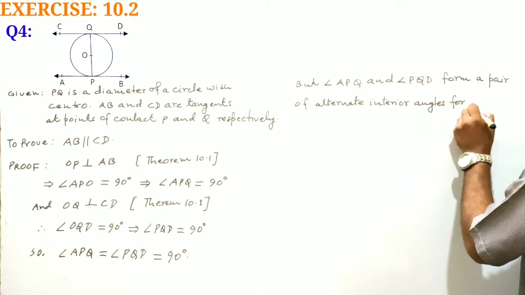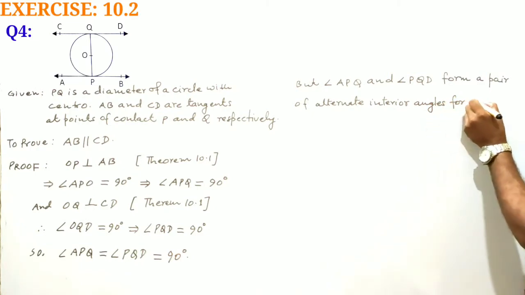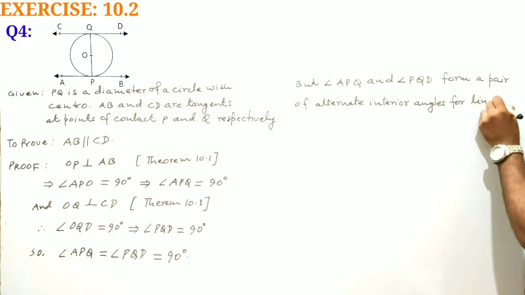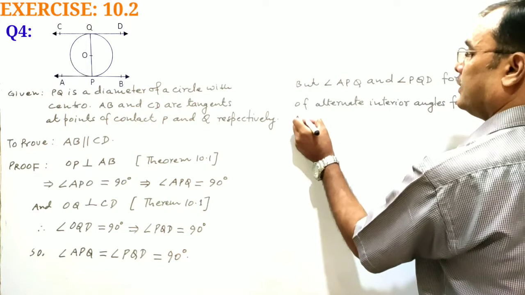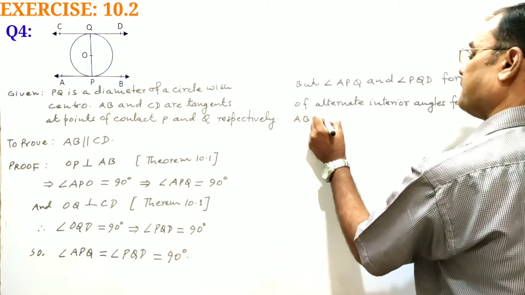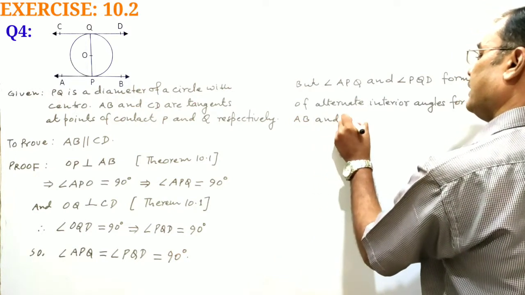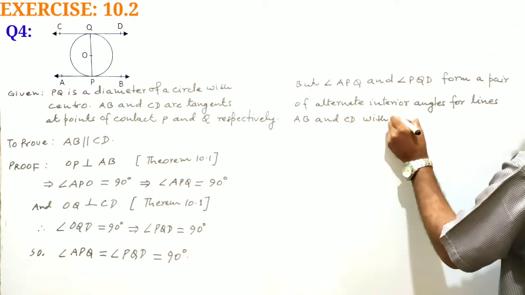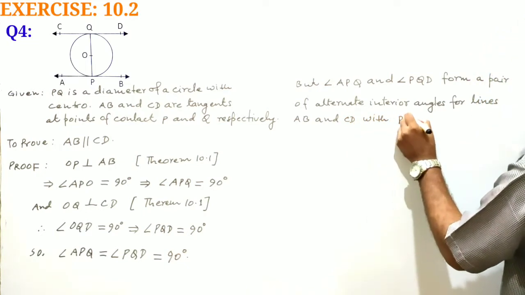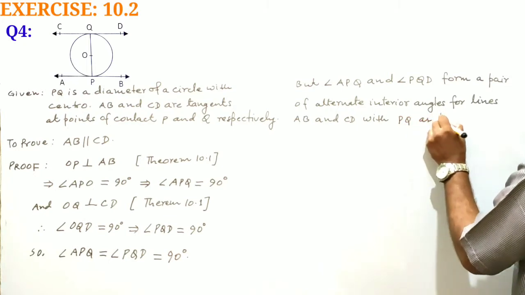For lines AB and CD with PQ as transversal.